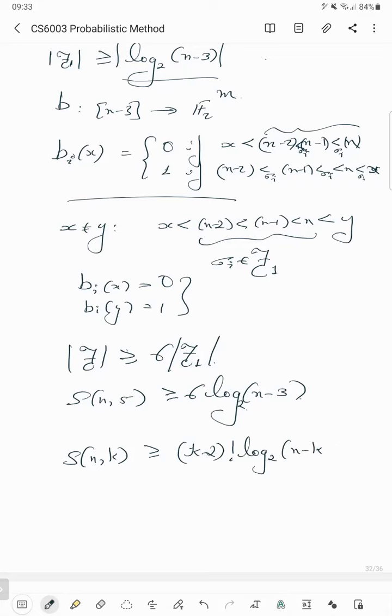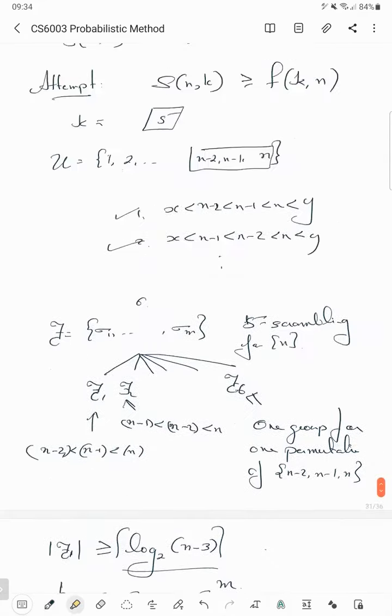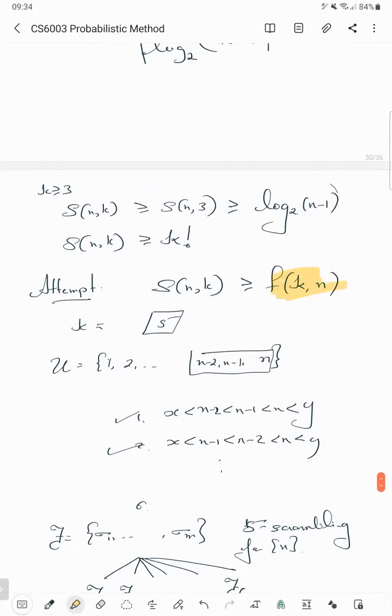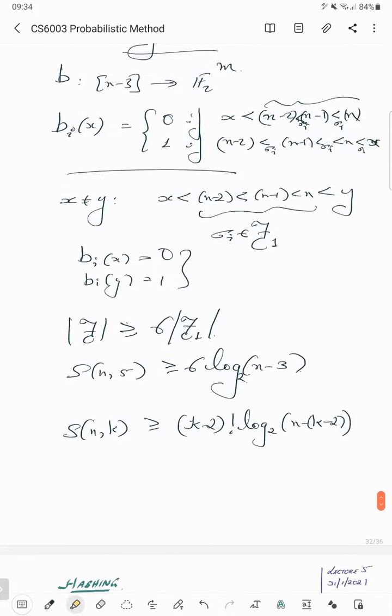So it is n minus (k minus 2). But this you can ignore for large n compared to k. This is almost like log n, but you have got a k minus 2 factorial, and we succeeded in our attempt to find this kind of a function, and we in fact found a very good function, some k minus 2 factorial times log 2.